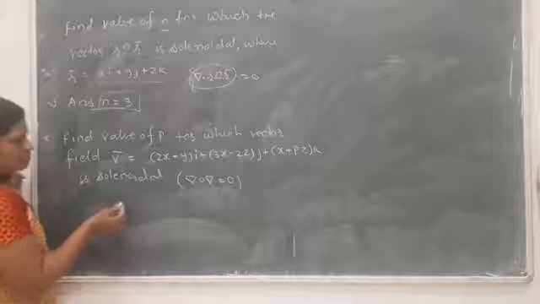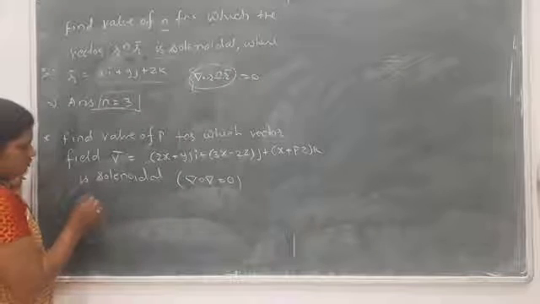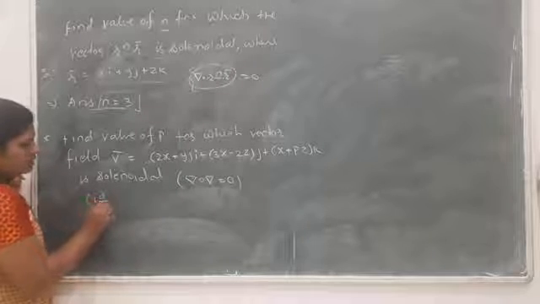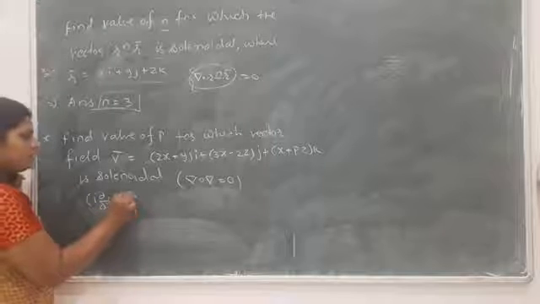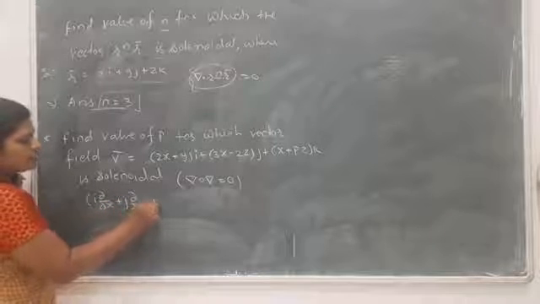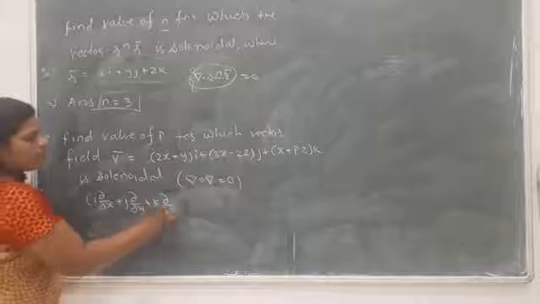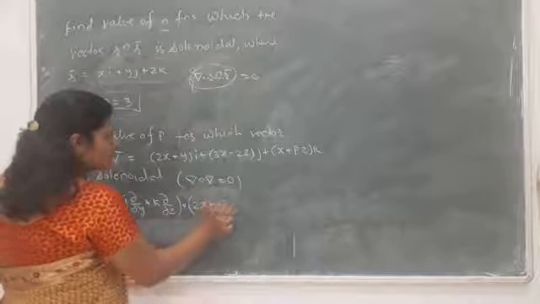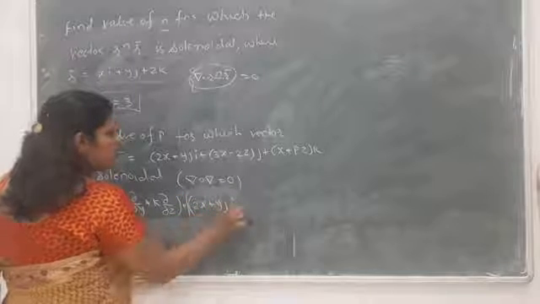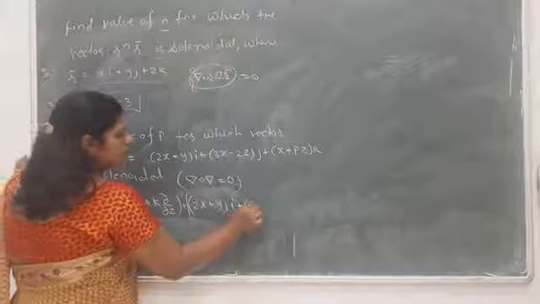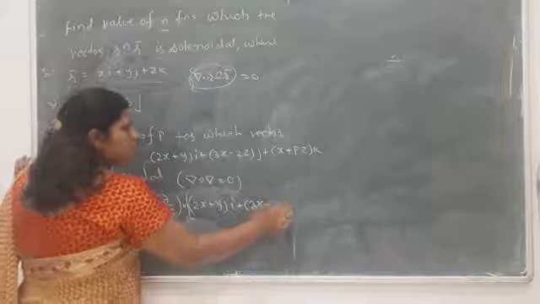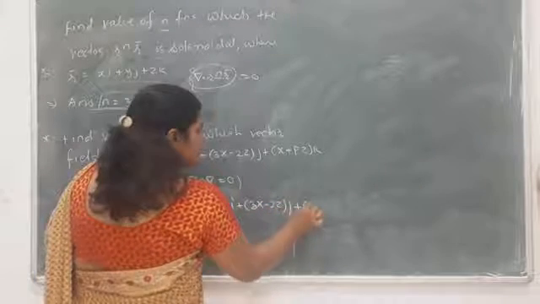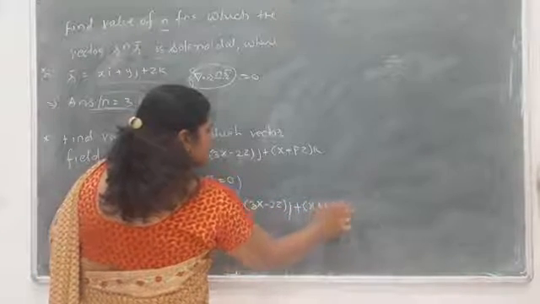So directly here if we try, del dot of that is i del by del x plus j del by del y plus k del by del z dot of that vector, that is 2x plus y i plus 3x minus 2z j plus x plus pz into k.